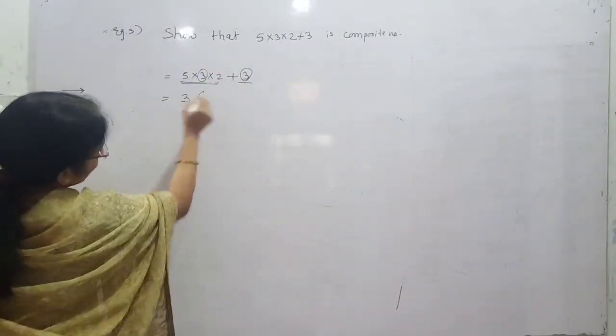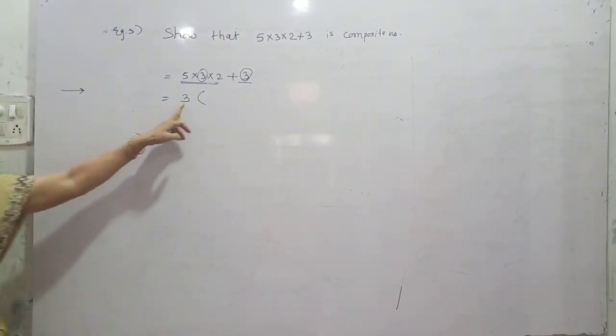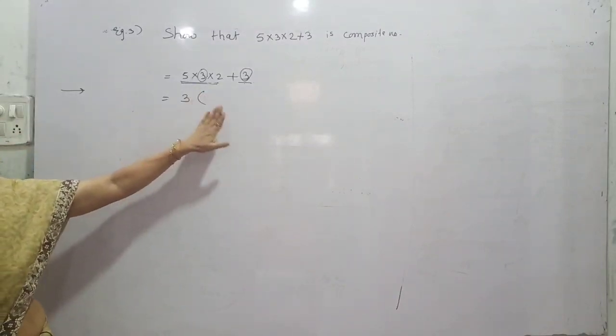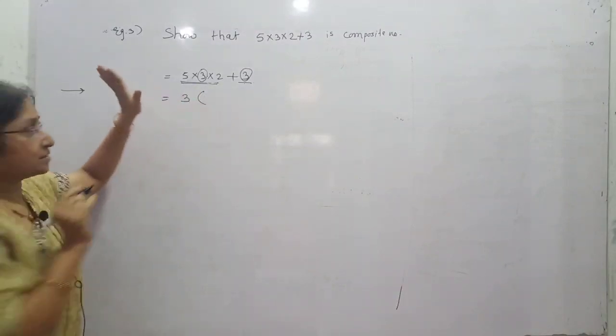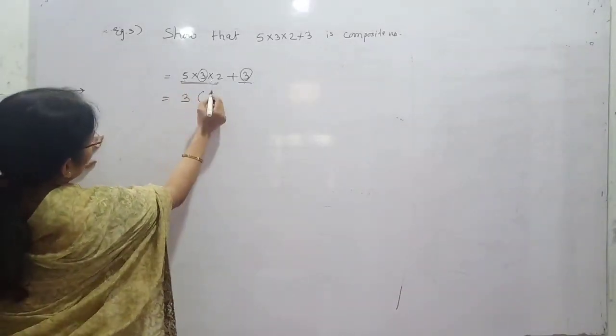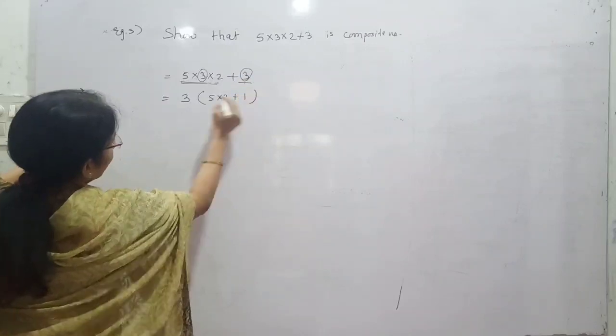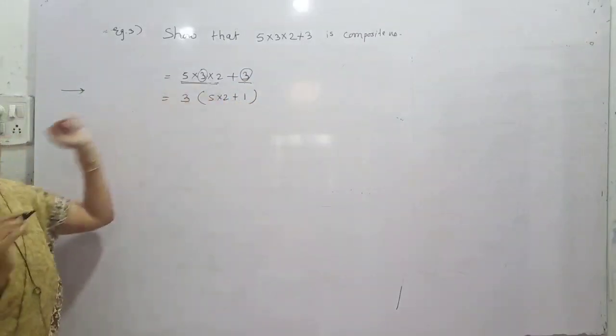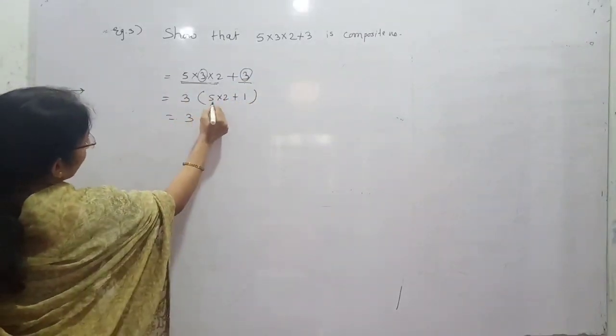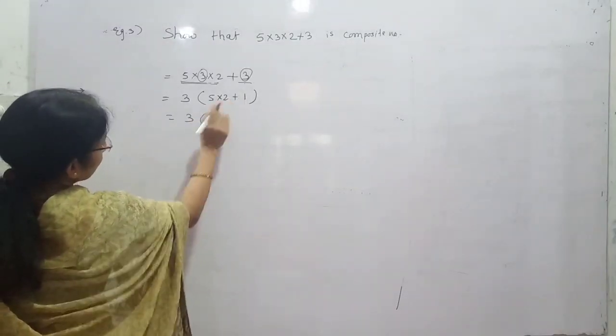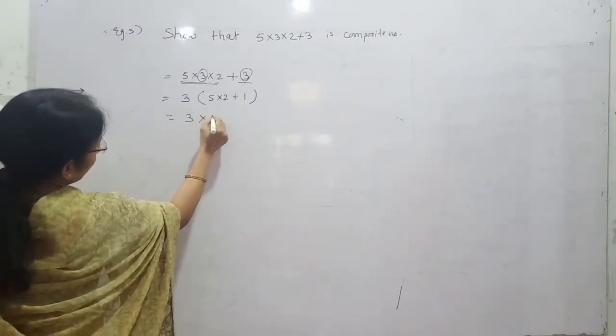So take 3 as common and write the remaining numbers as they are. So the remaining numbers are 5 into 2 plus 1. After taking common, we divided. Then 3 into 5 into 2 is 10, plus 1 is 11. So 3 into 11.